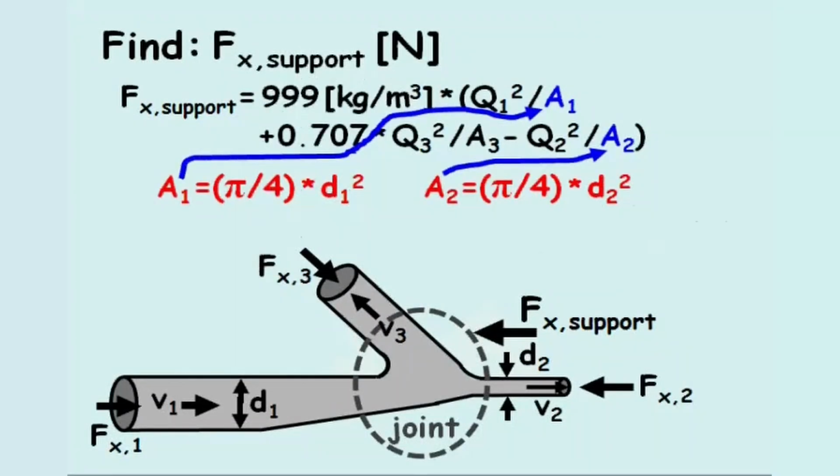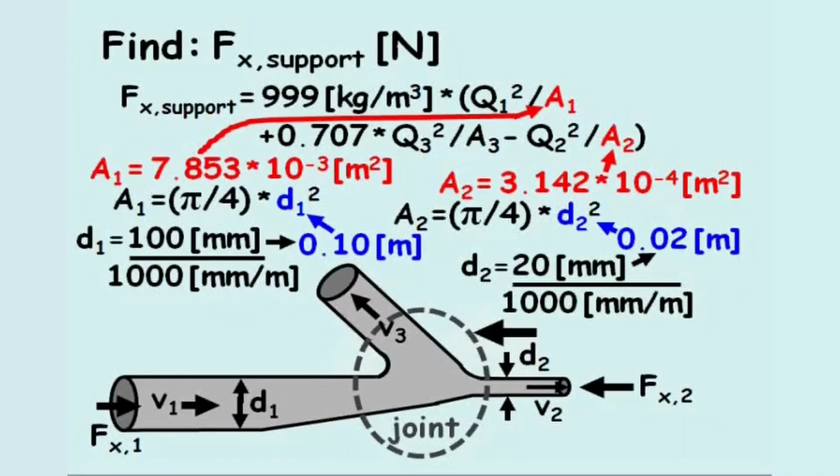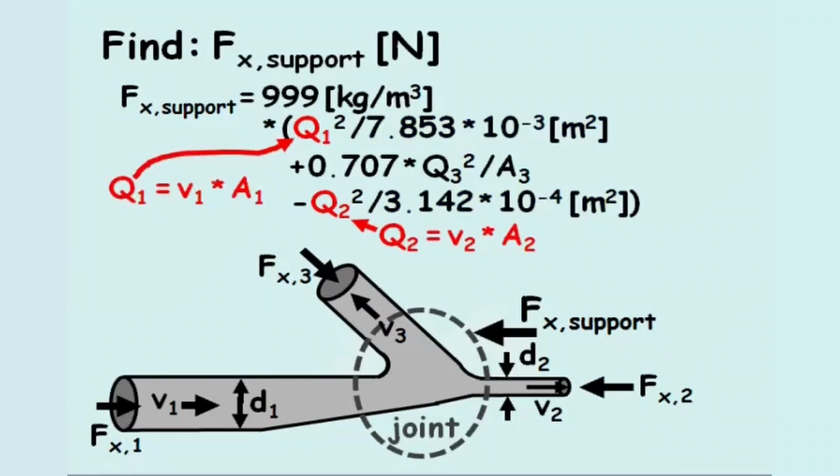Using the diameters provided in the problem statement, areas 1 and 2 equal 7.853 times 10 to the negative third meters squared and 3.142 times 10 to the negative fourth meters squared, respectively. Next, we'll solve for the flow rates through pipes 1 and 2, which equal the velocity through each pipe times the flow area.